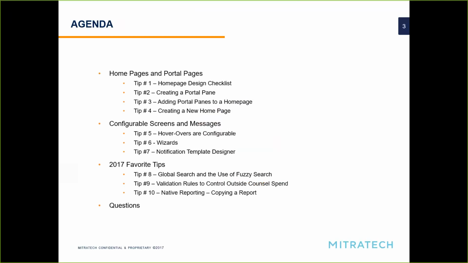Then we'll look at some configurable screens and messages. Again, this is another way to really drive user adoption by making TeamConnect as familiar and friendly as possible and configuring it to meet your customers' and company's needs. And then finally, I have a few of my personal favorite tips from webinars conducted over this last year, and then we'll end with some questions.